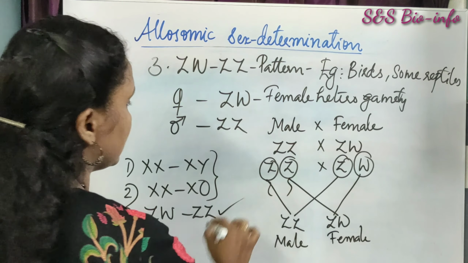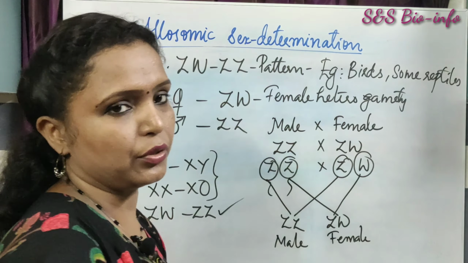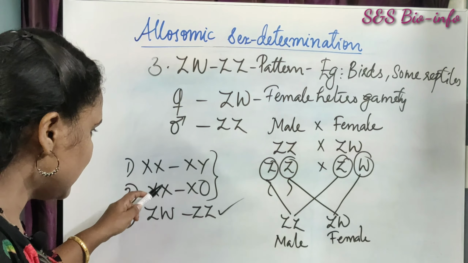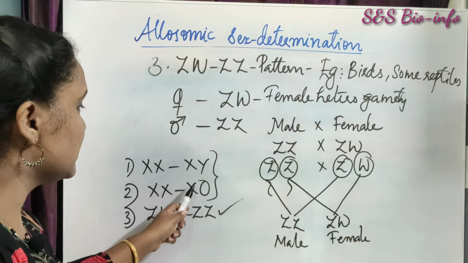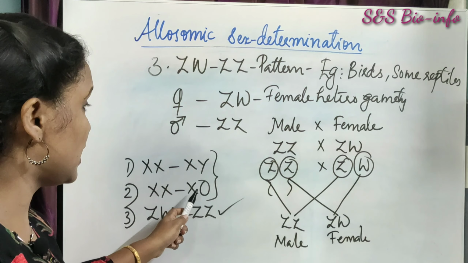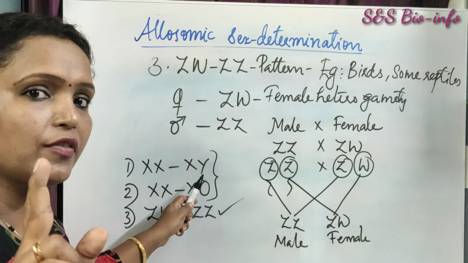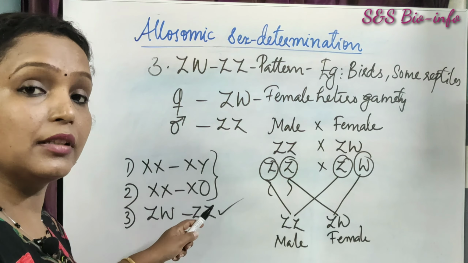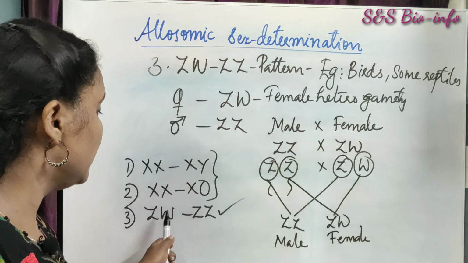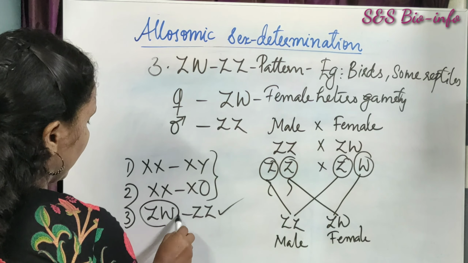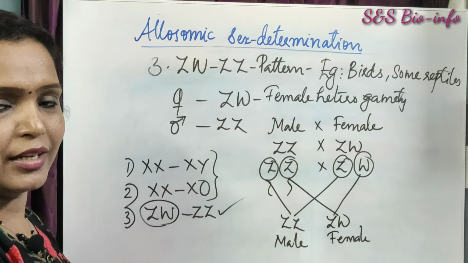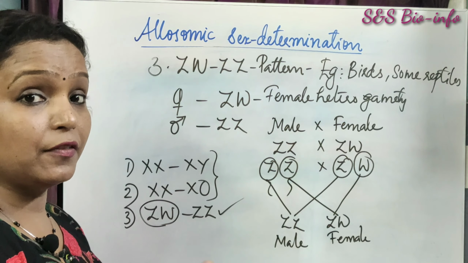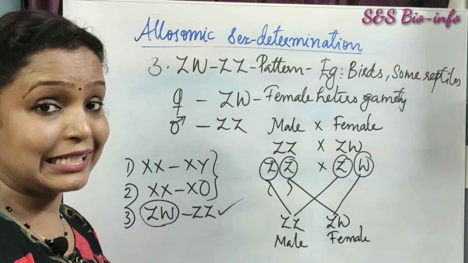The last one is an example of female heterogamety. In the first and second cases, the males determine the sex of the young ones as they possess a dissimilar pair of sex chromosomes. In the third case, females determine the sex of the young ones as the female possesses a dissimilar pair of sex chromosomes. Is it clear now? These are the different types of allosomic sex determination.